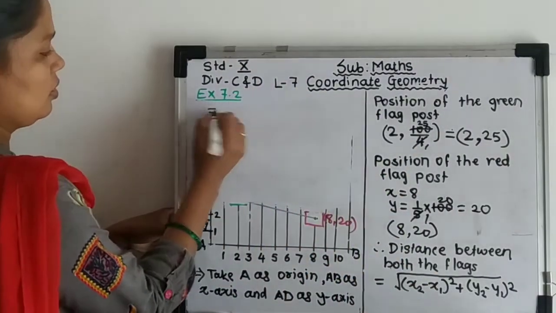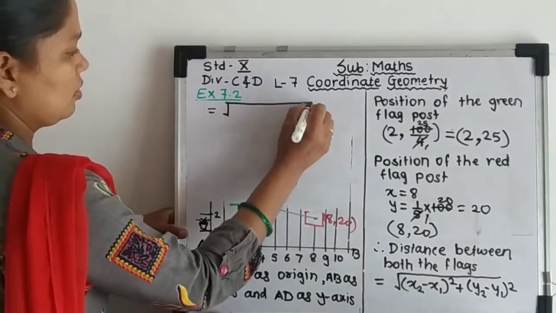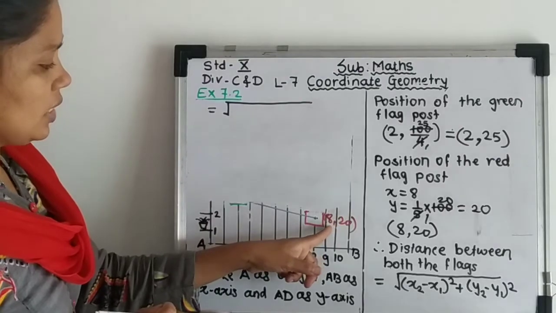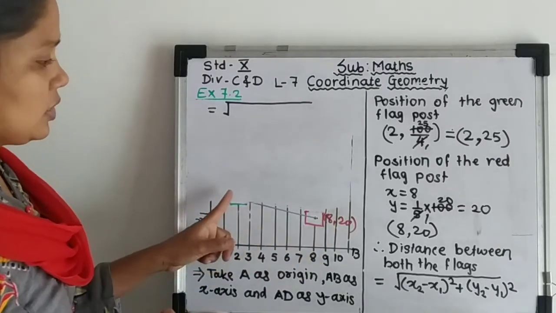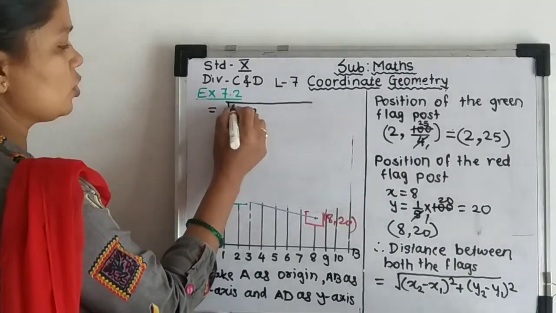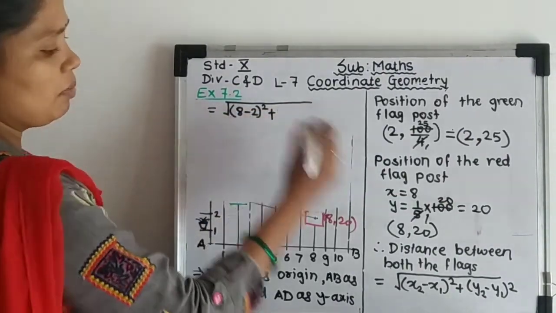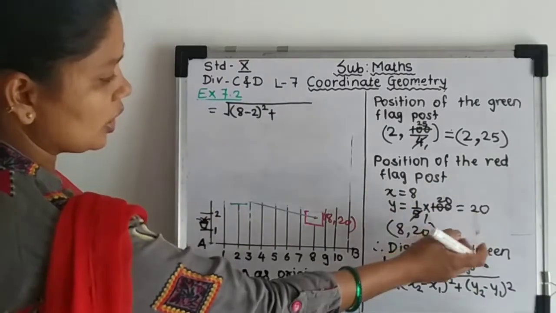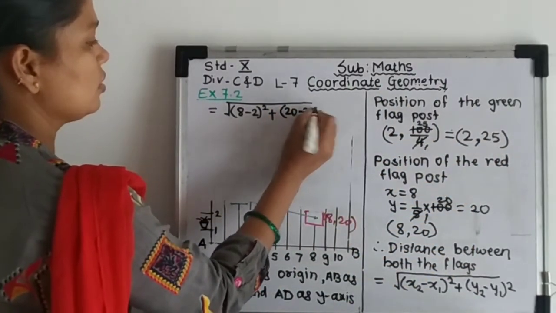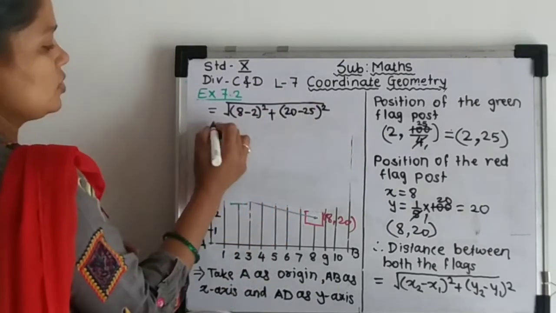See, your x2 is what here? x2 is 8, right? And x1 is 2. So (8 minus 2) square plus y2 is 20 minus 25 square.